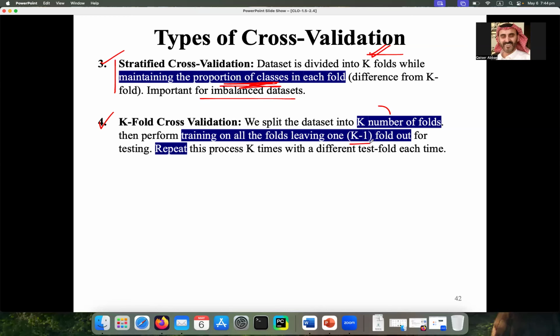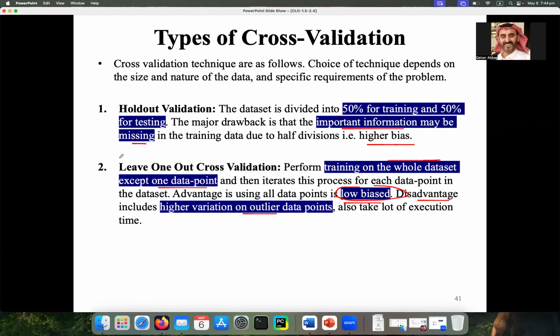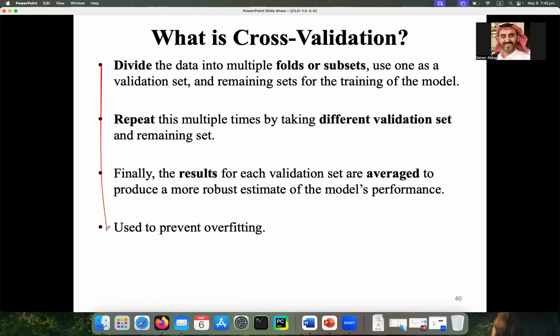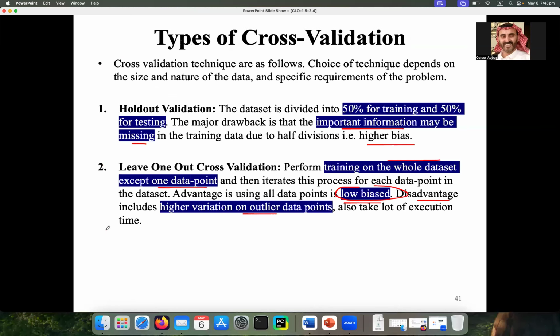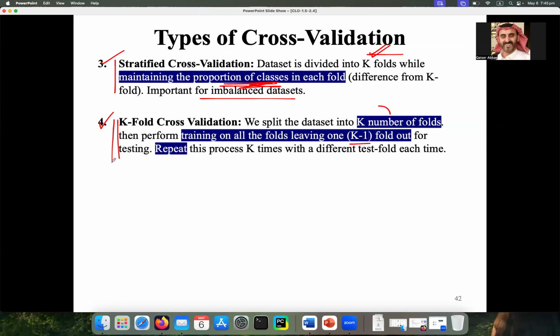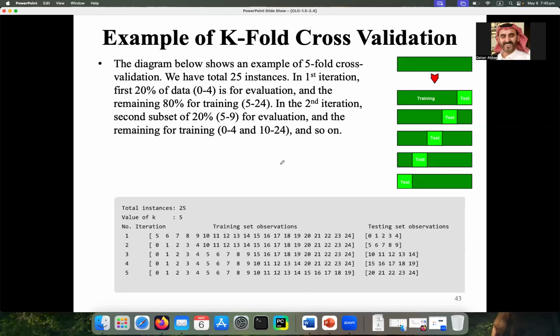In the next iteration, you will take another fold out and get the training, and then in the next iteration another fold out and get the training. So this is the normal k-fold cross validation, which we talked about in the definition. That is the normal one, and you have to do this until you have covered all the folds. Now, this is just an example.